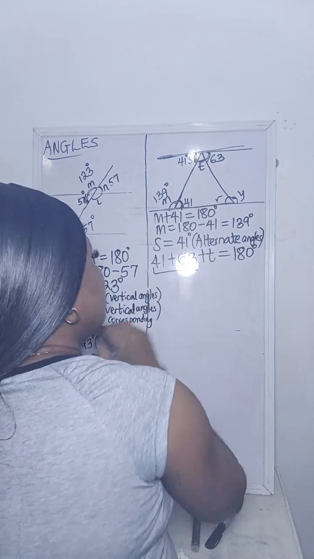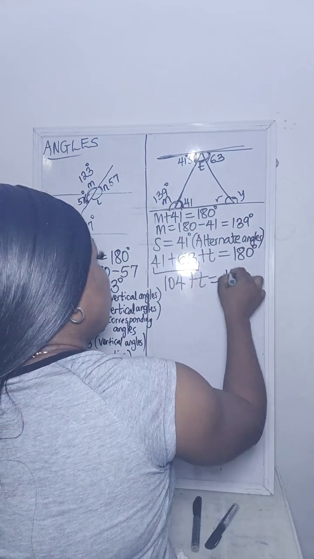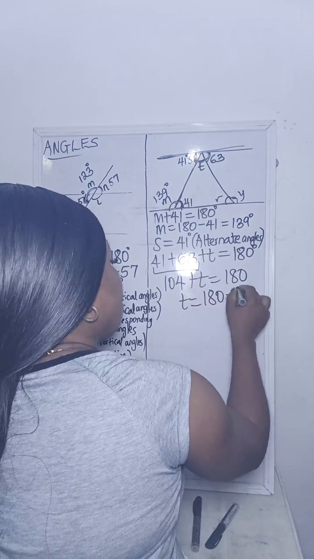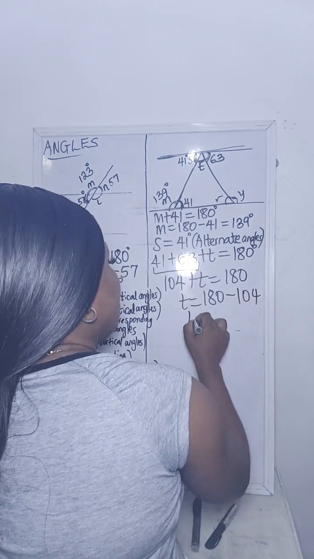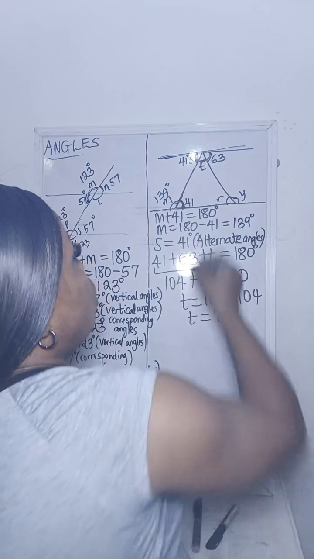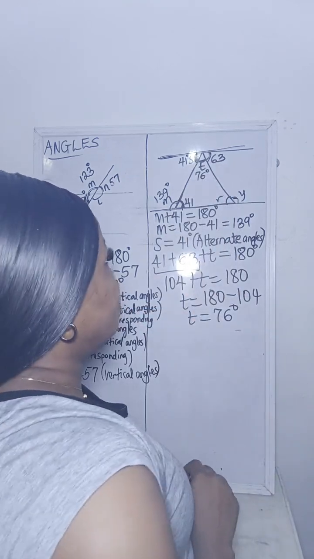So let's sum this up. This will be 104 plus t equals 180. So t equals 180 minus 104. So t equals 76 degrees.